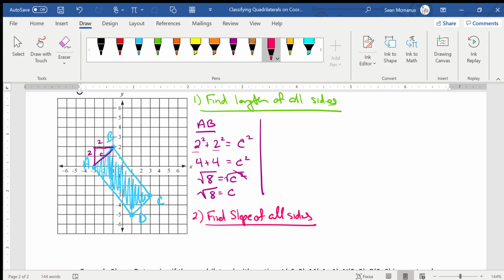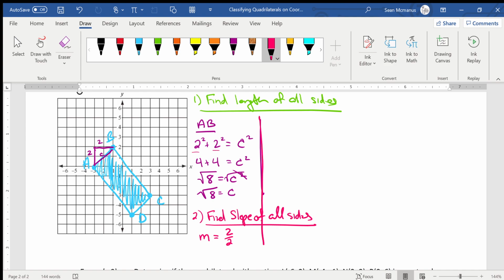Make sure for the slope you keep the sign, it's really going to matter a lot. So my slope for AB is 2 over 2. I could reduce that, but I'm just going to leave it for right now because I think it's a little bit easier to see a fraction. Because when we talk about reciprocals, we want to see what happens when we flip them.